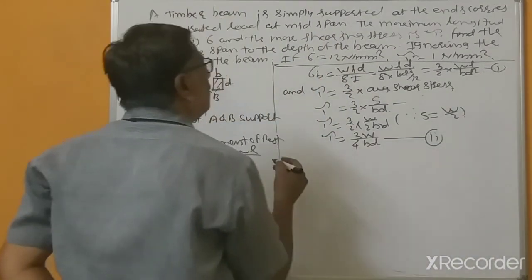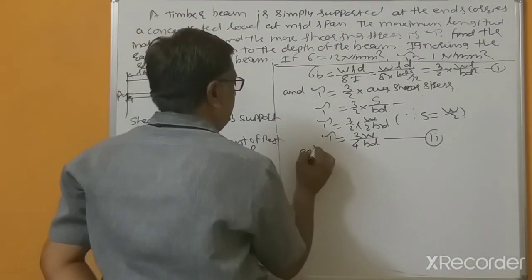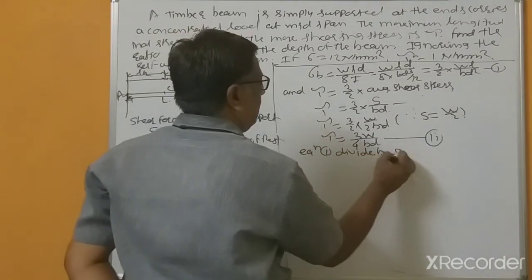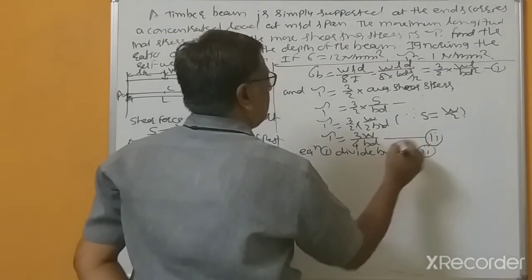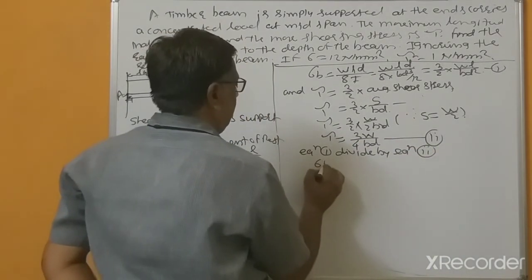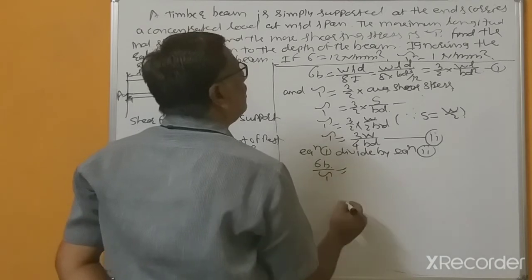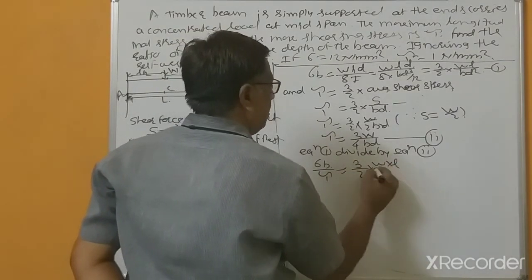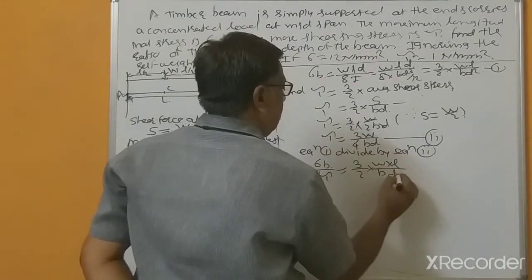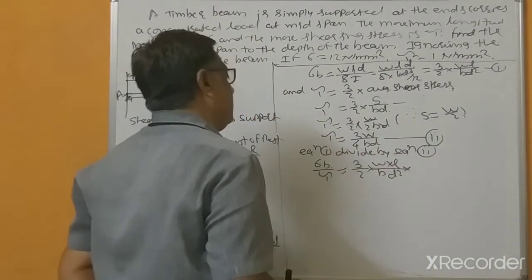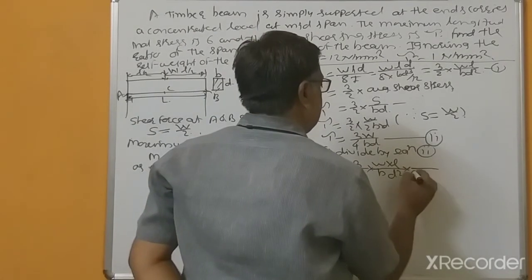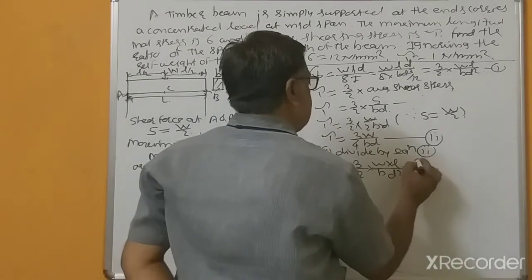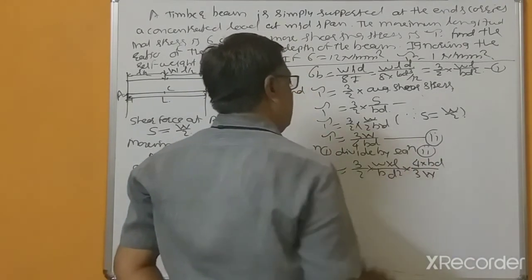Now, divide the first equation by the second equation. Sigma B divided by tau equals 3/2 W into L over BD square, multiplied by 4BD over 3W.